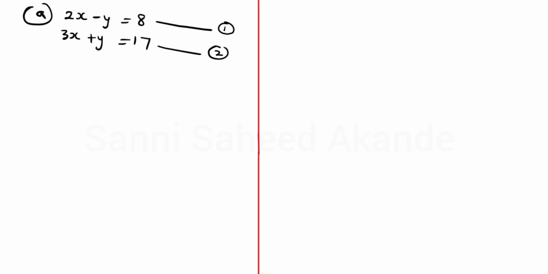Understood? Now, using elimination method means we want to do away with one of the letters here, either x or y. Before I can do that, I will consider the two equations. The letter that I want to eliminate must have the same coefficient. Now, if you look at these two equations, it's only letter y that has the same coefficient.